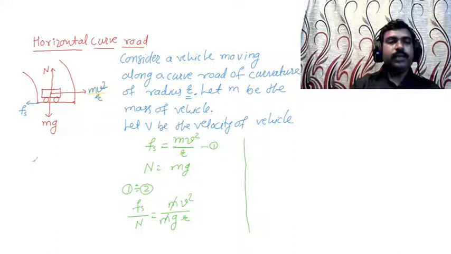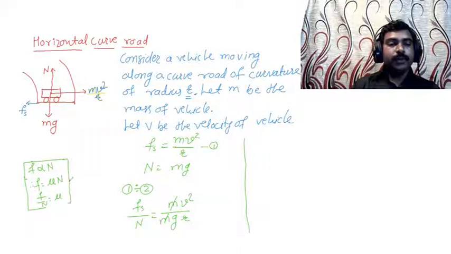We have already studied that in standard 11. Frictional force is directly proportional to normal reaction. Therefore F is equal to mu into N, where mu is the coefficient of friction, and hence we can write F by N is equal to mu. Okay, this is the basic we need.